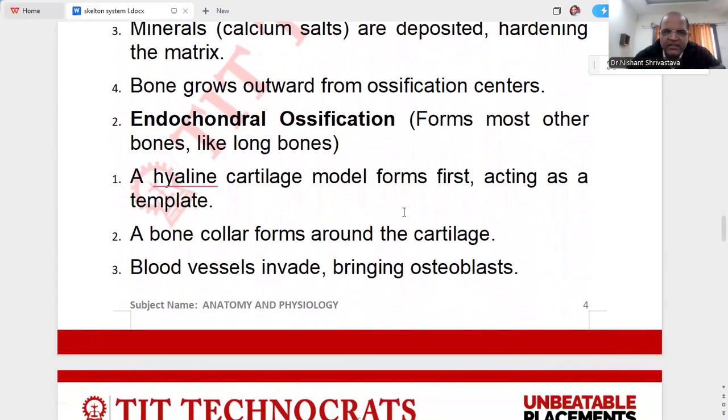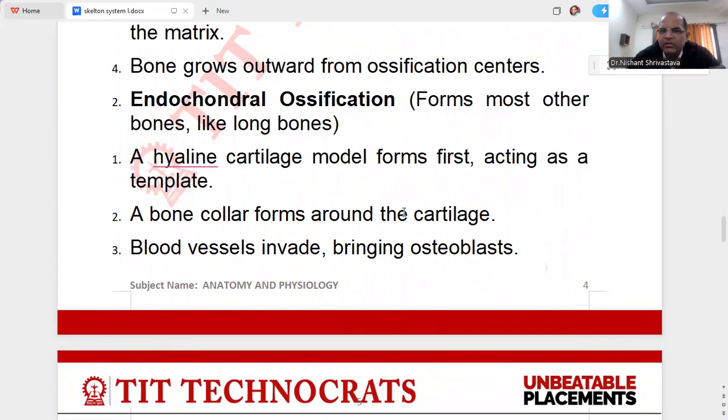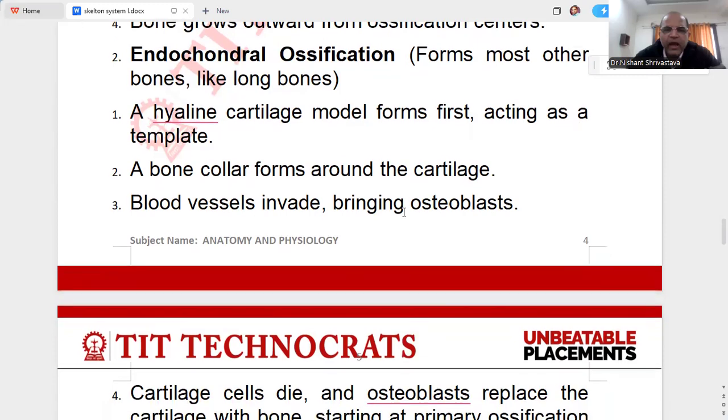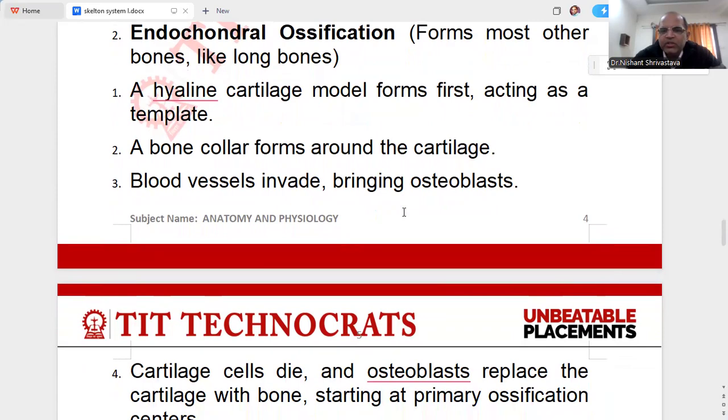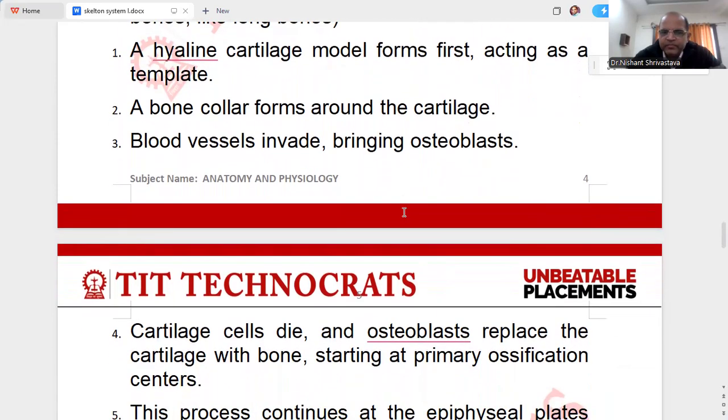Next, endochondral ossification forms most other bones, like long bones. A hyaline cartilage model forms first, acting as a template. A bone collar forms around the cartilage, then blood vessels invade, bringing osteoblasts.